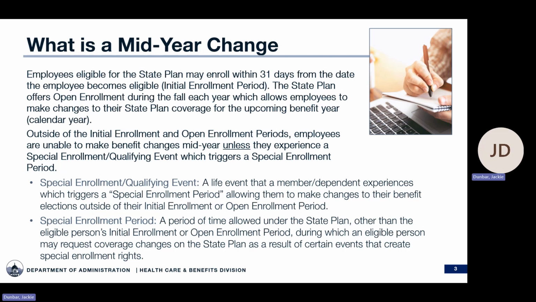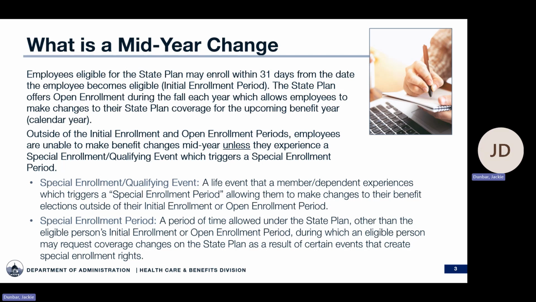Outside of the initial enrollment and open enrollment periods, employees are unable to make benefit changes mid-year unless they experience a special enrollment or qualifying event, which triggers a special enrollment period. A special enrollment or qualifying event is a life event that a member or dependent experiences, which triggers a special enrollment period, allowing them to make changes to their benefit elections outside of their initial enrollment or open enrollment period.